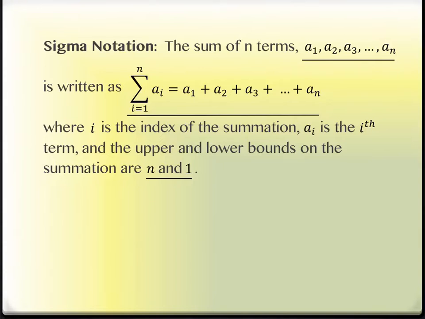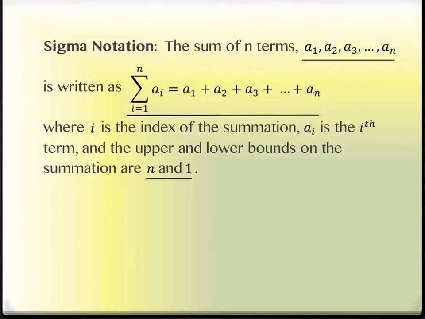You may or may not have seen this before, and if you continue in calculus to Calc 3, you will see it again. So sigma notation is a way of showing that we're adding a bunch of things together. The things that we're adding together are the terms a1 to an.